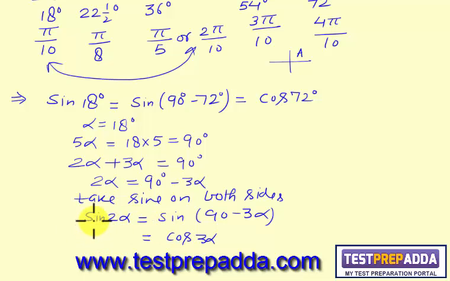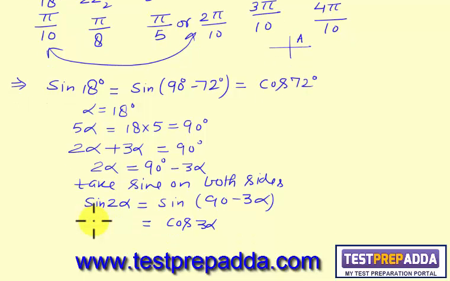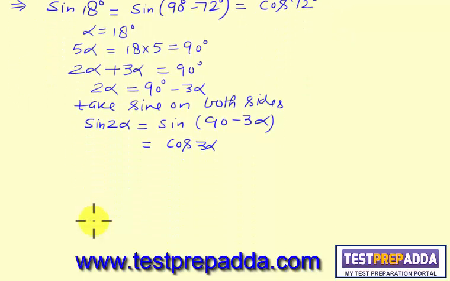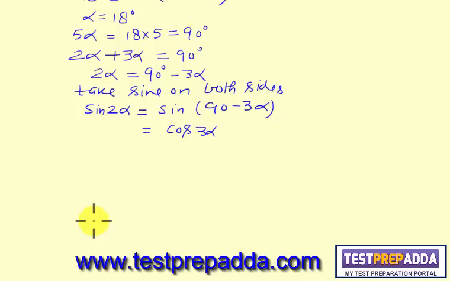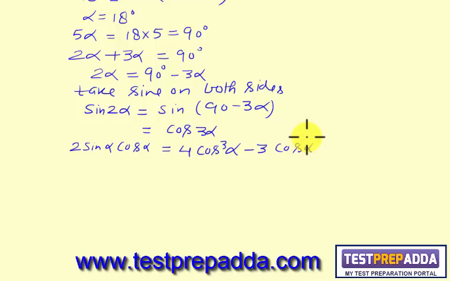Now, sine 2 alpha. Recall the previous lecture where we talked about multiple and submultiple angles. Sine 2 alpha can be written as 2 sine alpha cos alpha, and cos 3 alpha can be written as 4 cos cube alpha minus 3 cos alpha.